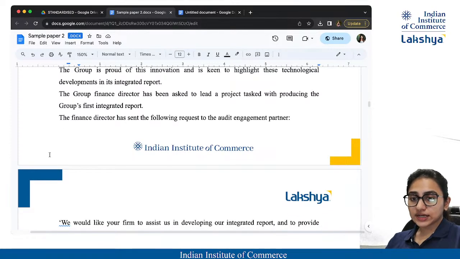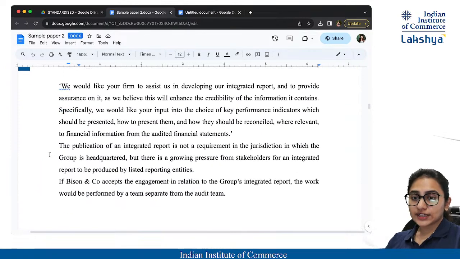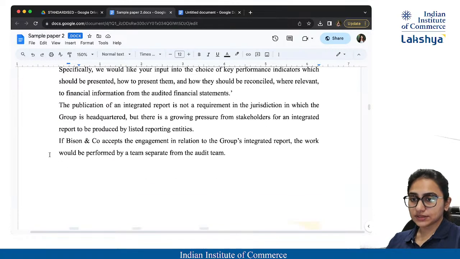The finance director has sent the following request to the audit engagement partner. We would like your firm to assist us in developing our integrated report and to provide assurance on it, as we believe this will enhance the credibility of the information it contains. Specifically, we would like your input into the choice of key performance indicators, that is KPIs, which should be presented, how to present them, and how they should be reconciled where relevant to financial information from the audited financial statement.